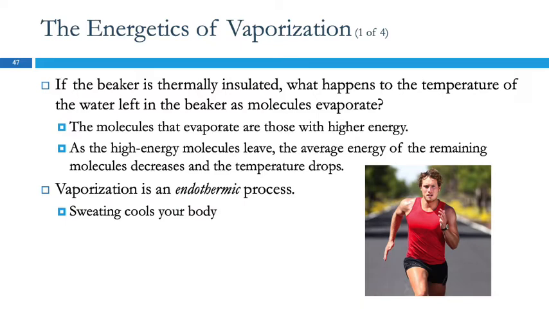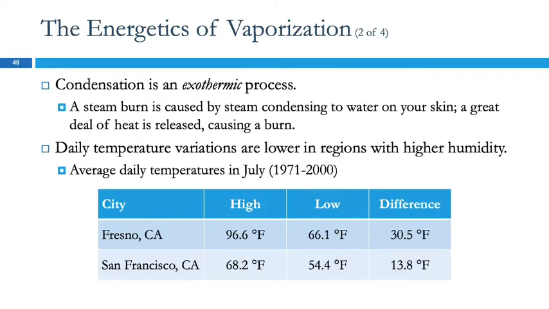So that means putting energy into it makes it happen better. So it's endothermic. So the opposite, condensation, must be an exothermic process. And this is something that doesn't really seem to make sense. Water condensing from a gas into a liquid is releasing heat into the surroundings.